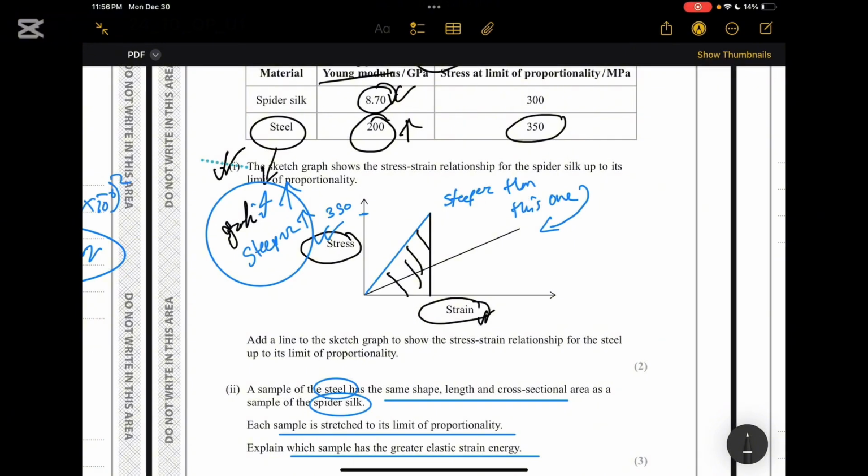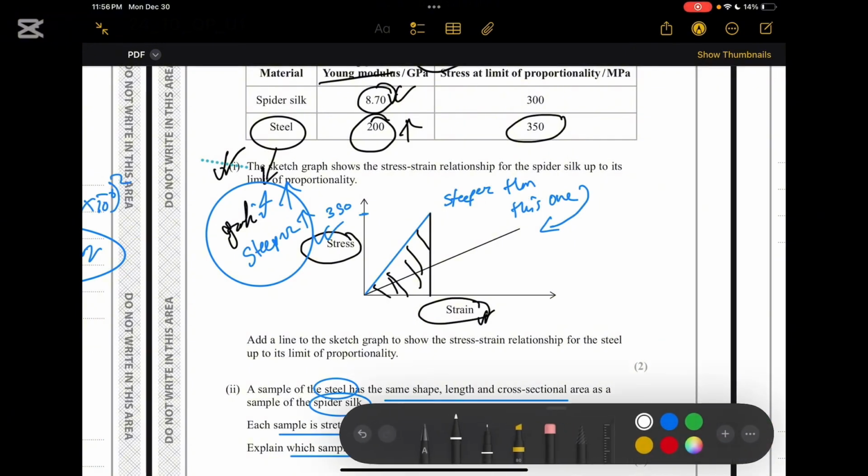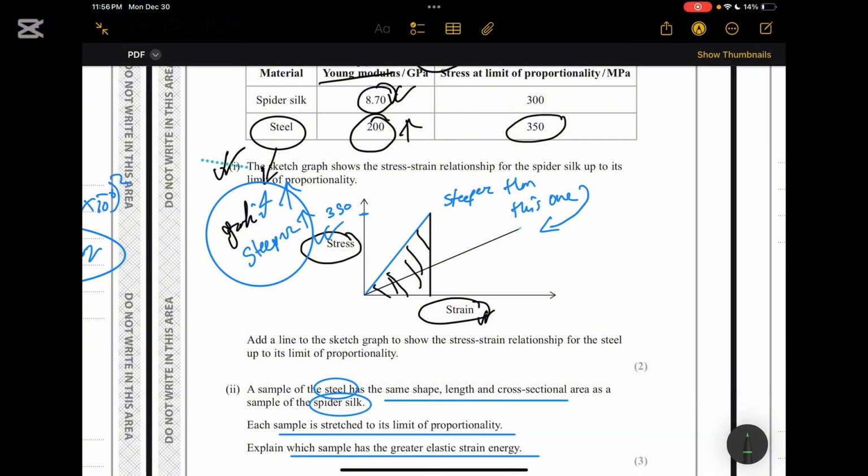So this area will give us elastic strain energy, and this area will give us the elastic strain energy for this whole area. Okay, so what do you think, which has the greater area? Obviously this one has a greater area. So it will have greater elastic strain energy.